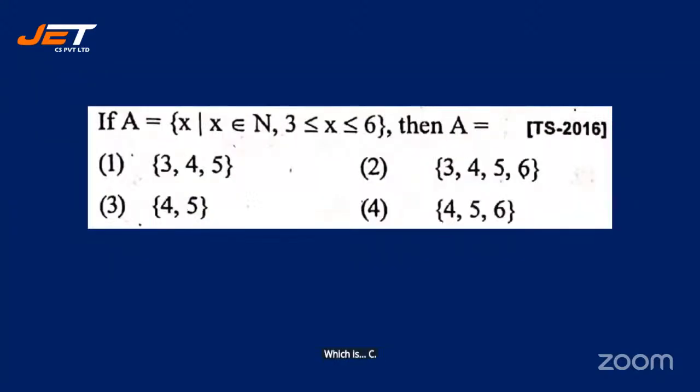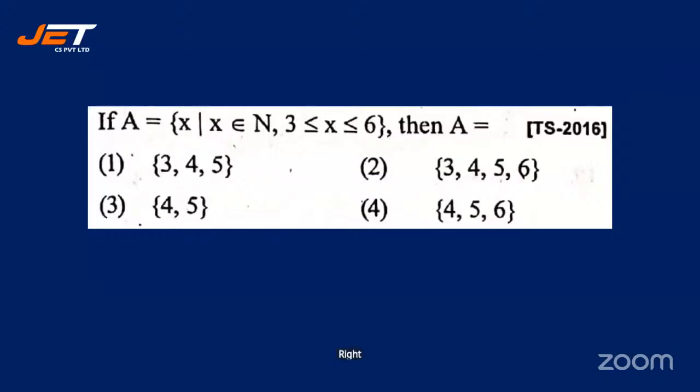Right. If A is equal to X such that X is an element of N, 3 is less than or equal to X less than or equal to 6, then A is equal to dash. 3, 4, 5; 3, 4, 5, 6; 4, 5; 4, 5, 6.